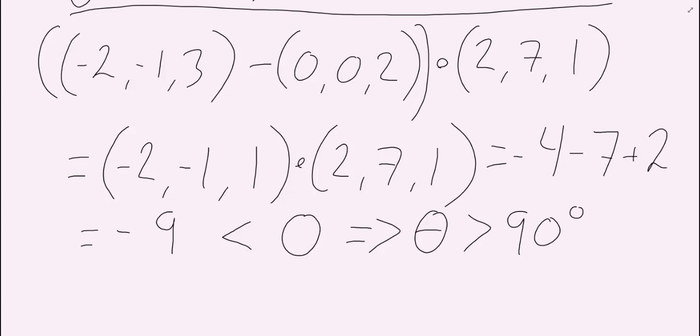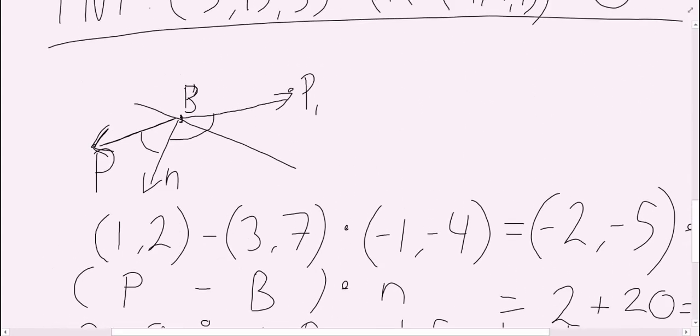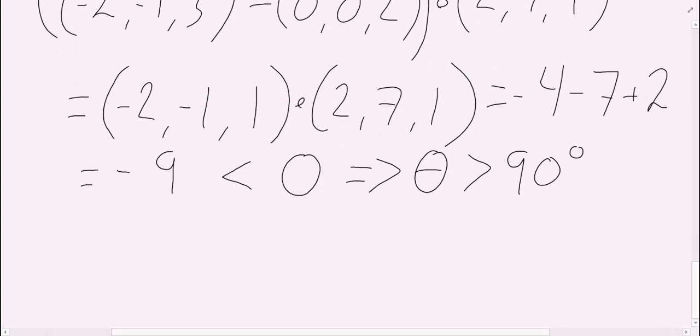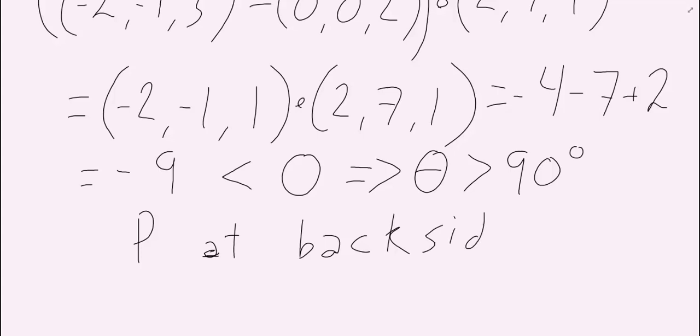So the angle is obtuse, and an obtuse angle means that P is at the back side of the plane. Great.